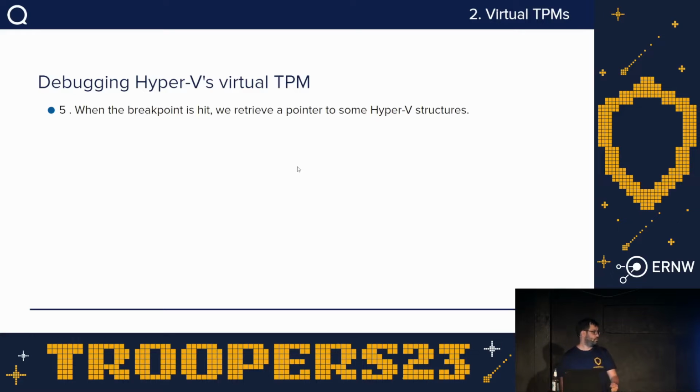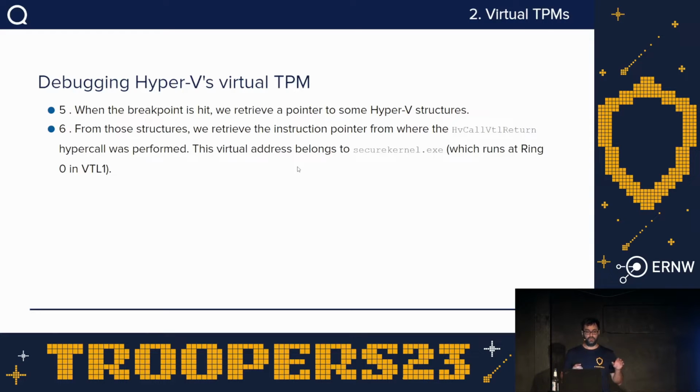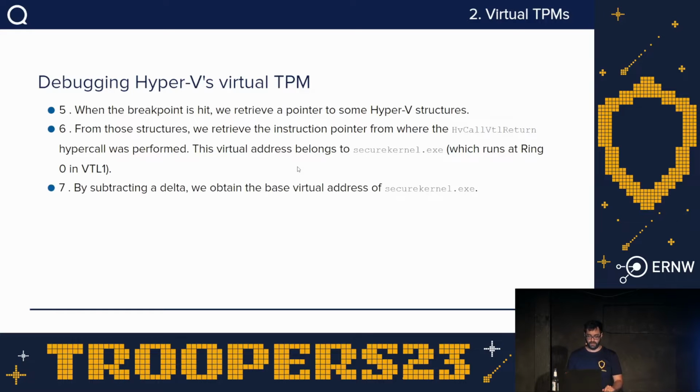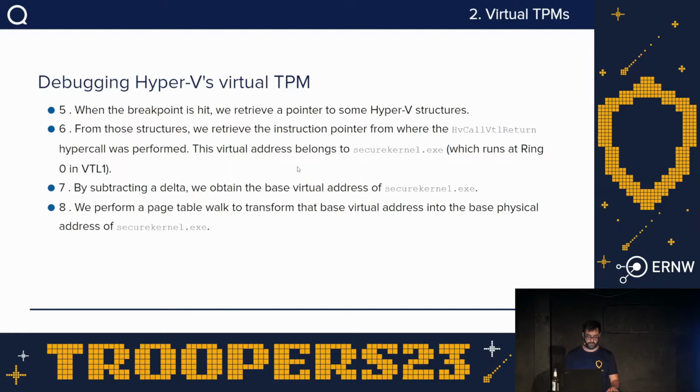When that breakpoint hits, from a register you can retrieve a pointer to some Hyper-V structures. You walk these structures and retrieve the instruction pointer from where the hypercall was called, and this virtual address belongs to the secure kernel. You can subtract a delta, and you obtain the base virtual address of the secure kernel.